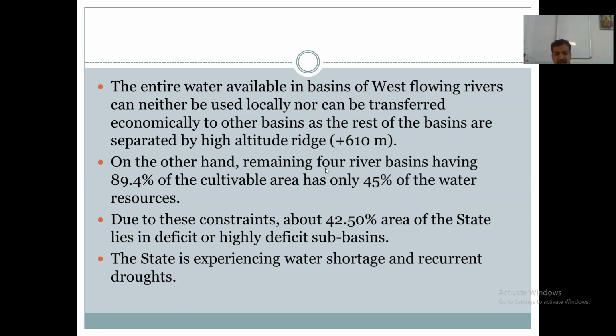So the remaining 4 river basins, having 89.4% of the cultivable area, have only 45% of the water resources.